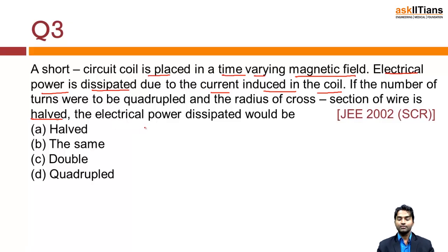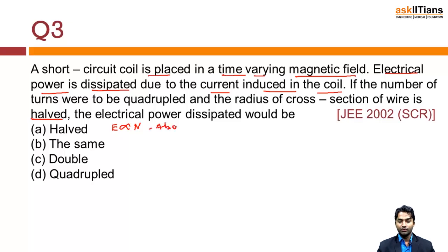So in this question we need to consider that the magnitude of induced voltage is proportional to the number of turns, and this induced EMF is due to the flux. So induced EMF is directly proportional to the number of turns.